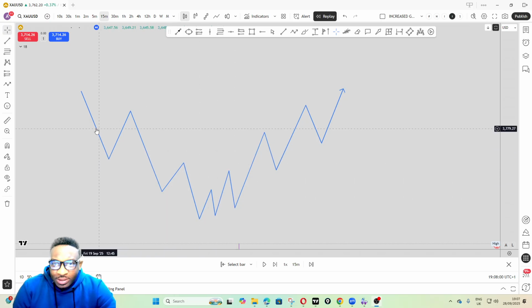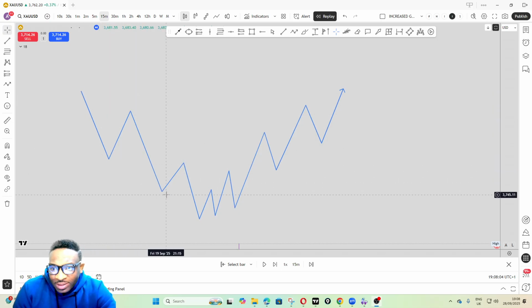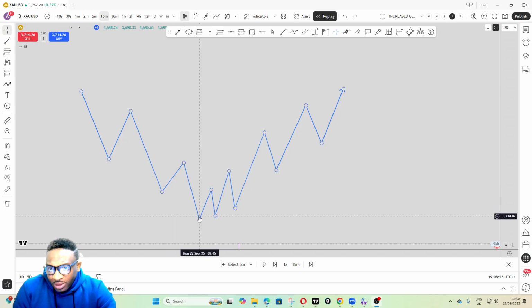In this scenario, I have this illustration here to be looking at. You can see price making lower low, higher low, lower low, higher low. It made a lower low again, then made a higher low. Then this time round it could not make a lower low.